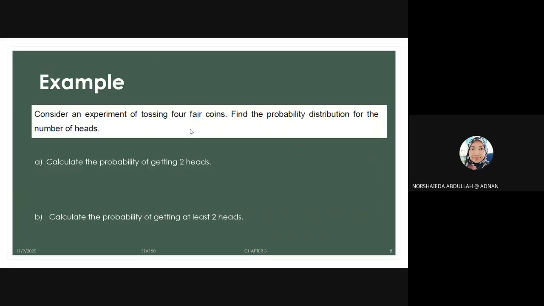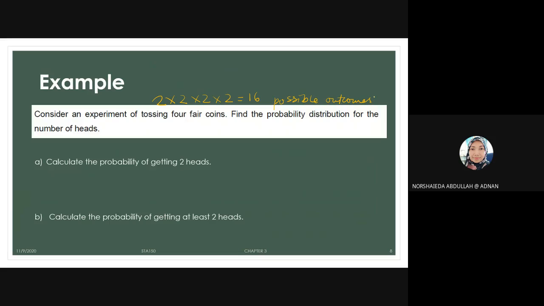So if we toss 4 coins, the total number of possible outcomes is what? 2 times 2 times 2 times 2, so there are 16 possible outcomes.